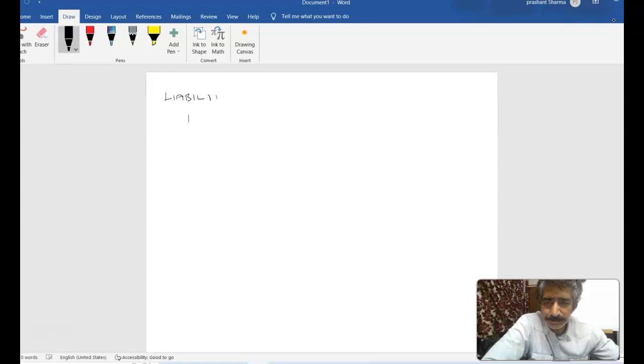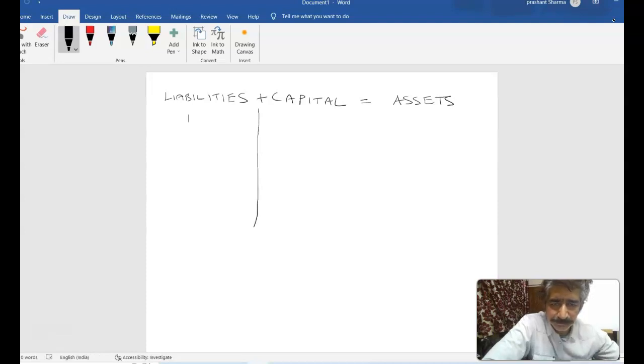Liabilities plus capital is equal to assets. And I told you to draw vertical lines so that there's a column created under the three items. Liabilities, under liabilities there's a column, under capital there's a column, and under assets there's the third column.